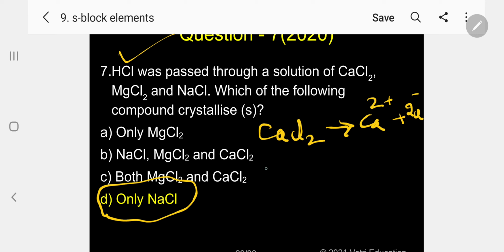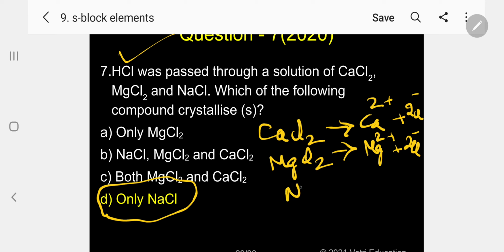In the same way, magnesium chloride gives magnesium 2 plus and 2Cl minus. Then additionally sodium chloride gives sodium plus and Cl minus. So this is the equation.